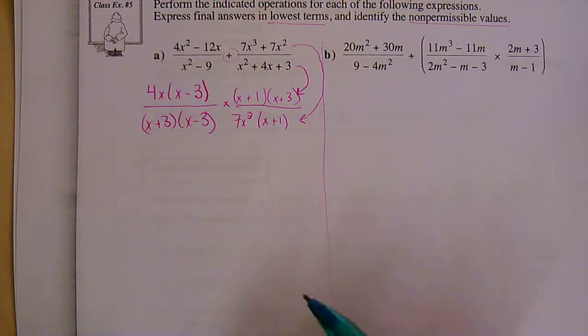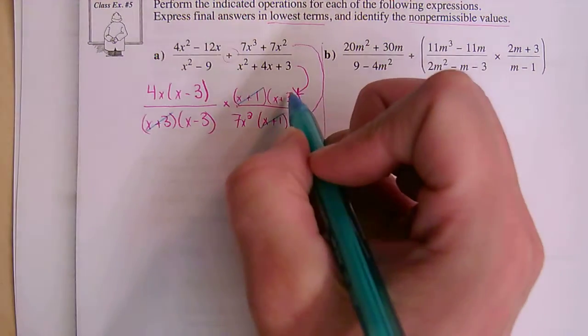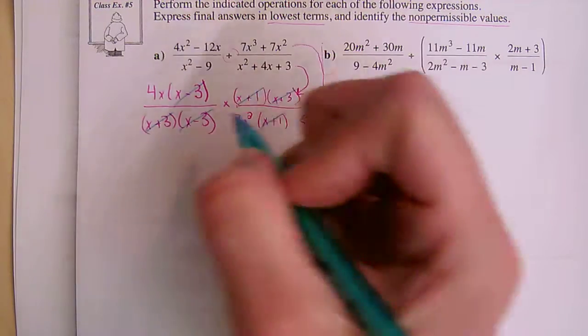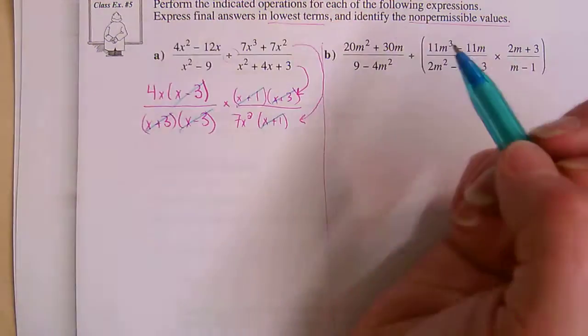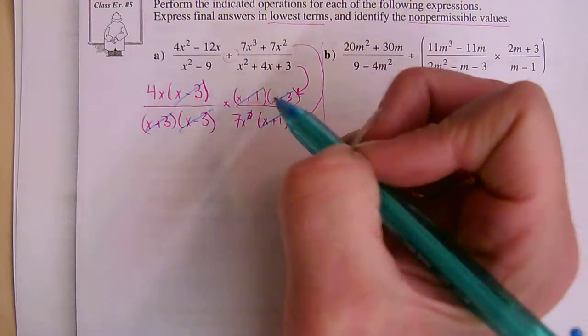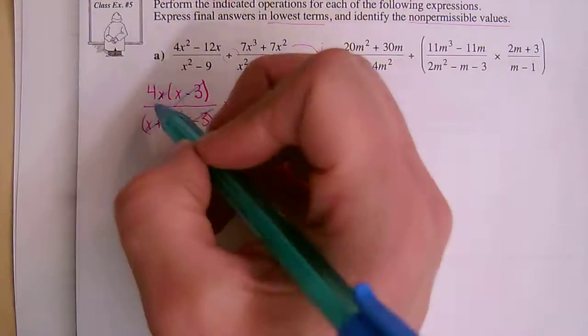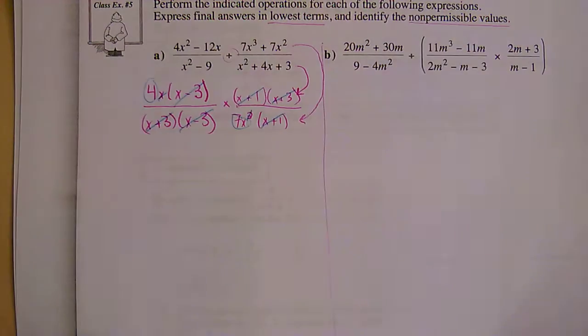And now, whatever we can cancel out, we're going to cancel out. So I see that x plus 1, x plus 1, x plus 3, x plus 3, x minus 3, x minus 3. And there's an x too, so one of these can go away, and this x can go away, so I'm just left with the 4 and the 7x.